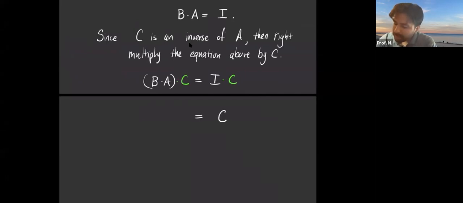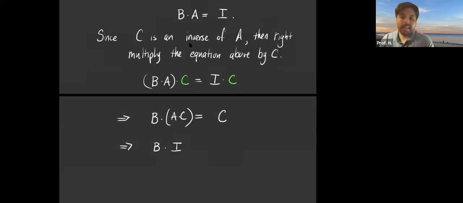And then what happens here? By associativity, what can I do? I can rearrange the grouping of the multiplication, right? But then what is A times C going to be? A times C is the identity, since C is the inverse of A. But then what is B times the identity?